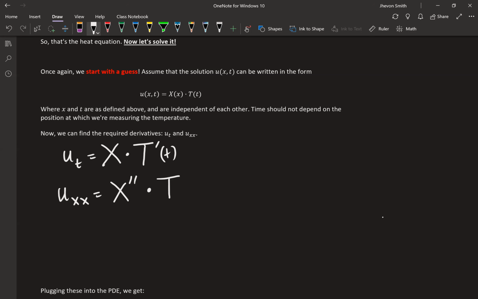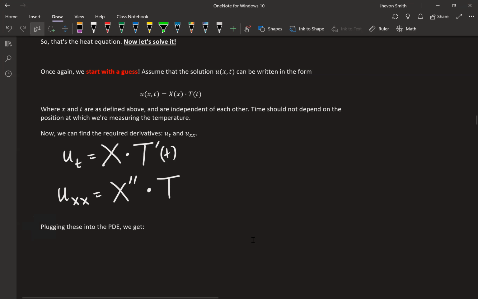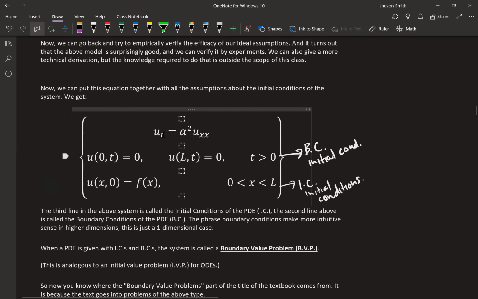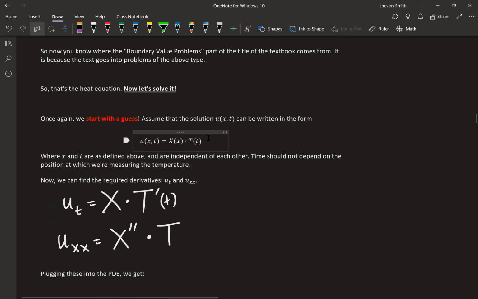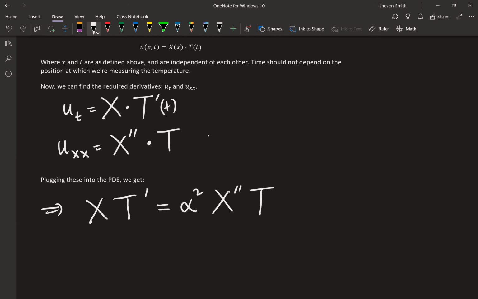So now I'm going to plug these into that PDE. And what would we get? The PDE says u sub t equals alpha squared u sub x,x. So this would give us big X times T prime is equal to alpha squared big X double prime times T. So we now get this sort of equation.